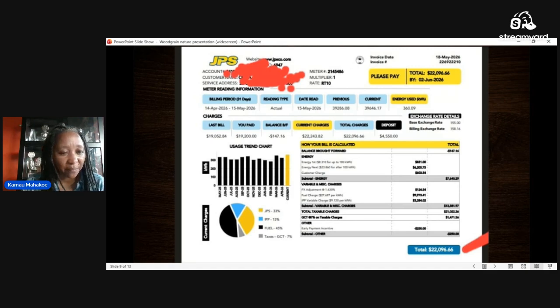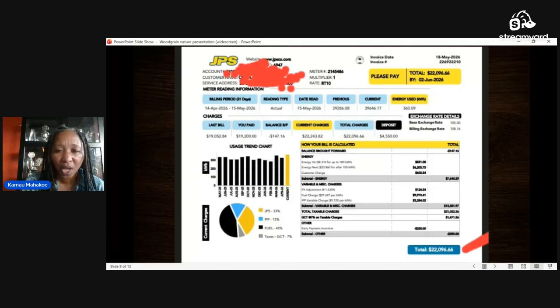Everybody should have a meter on their premises, and everybody's meter number is different. You can go to your meter and check if it matches the number on the bill to make sure that you are paying for the meter that you are using.